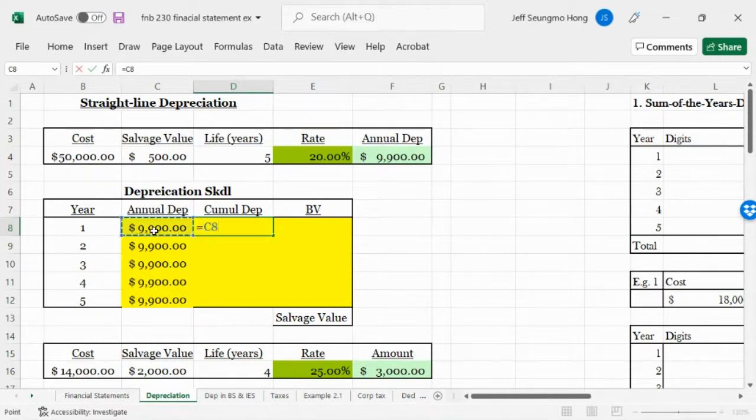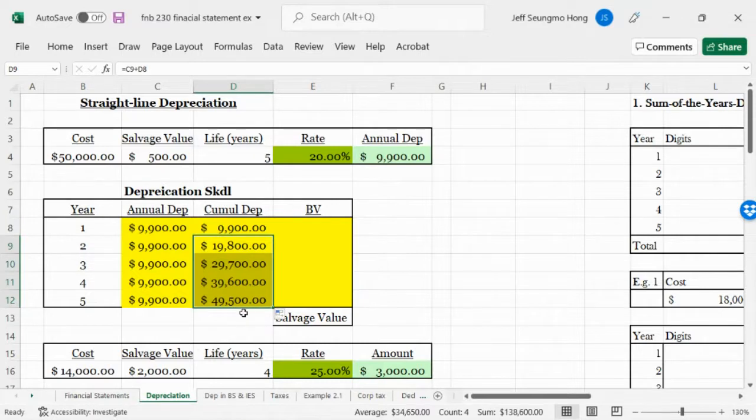In year 1, it's just itself, nothing else. In year 2, it will be annual depreciation plus the previous year accumulated depreciation, right? And then you drag it down. You see, at the end of year 5, it will be exactly 49,500.